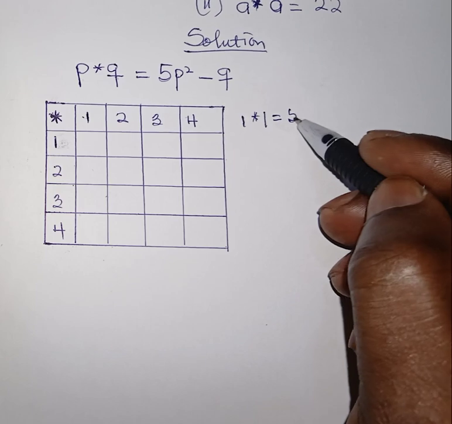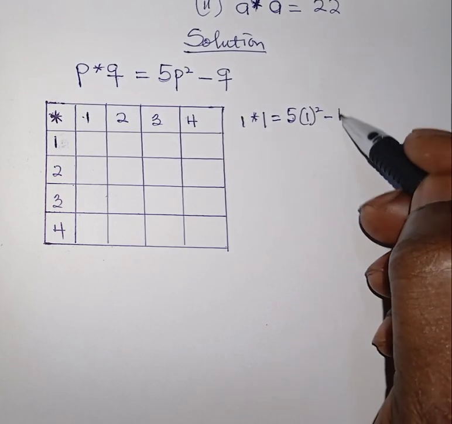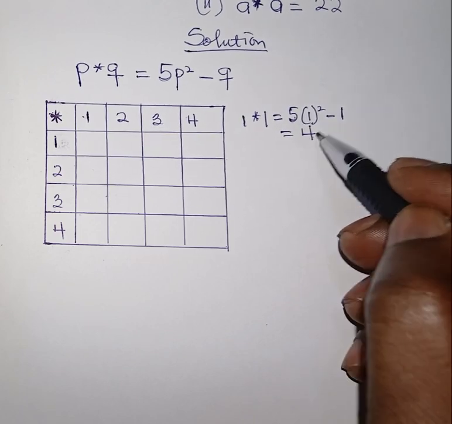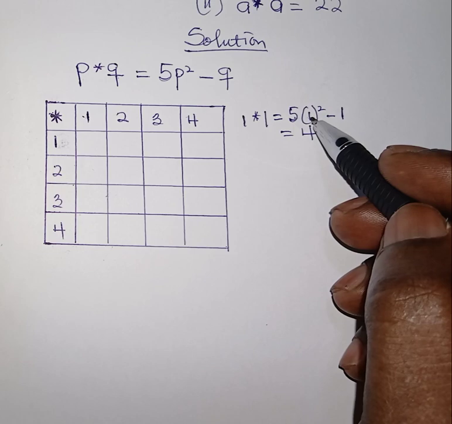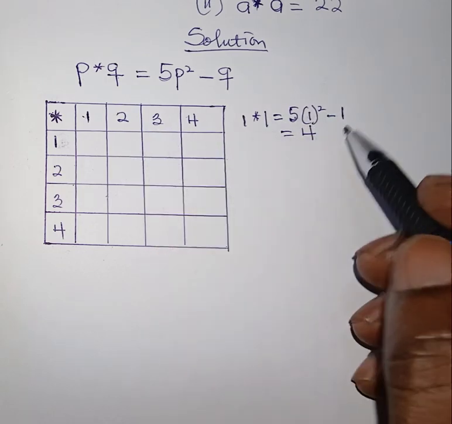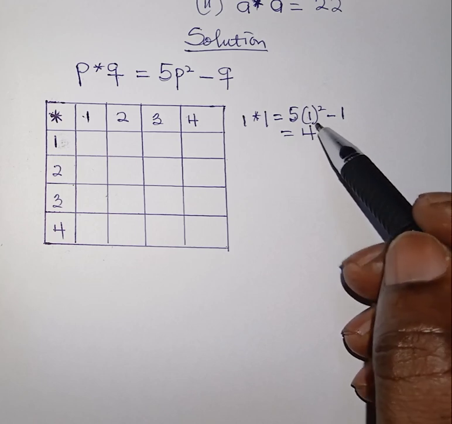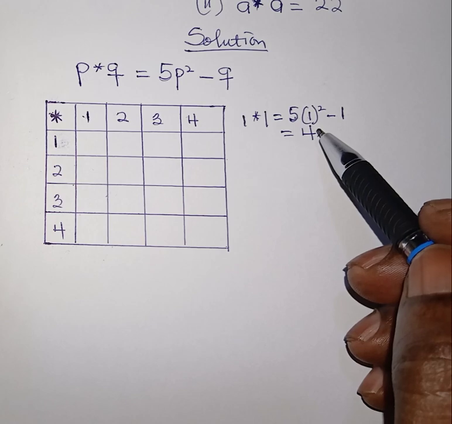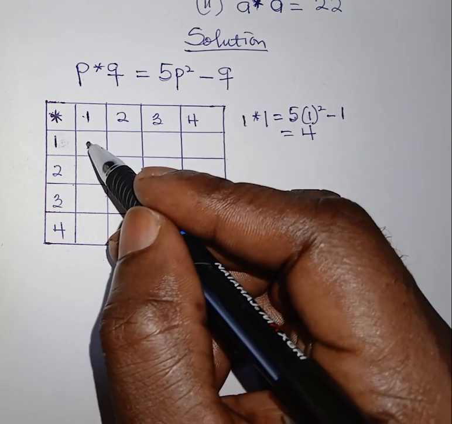Then I have 5 times 1 squared minus 1, and this gives us 4, because 1 squared is 1, times 5 is 5, minus 1 is 4. After getting the answer, you look at the base given. You were given base 8. Since we have 4, and 4 is less than 8, we can just write the 4.